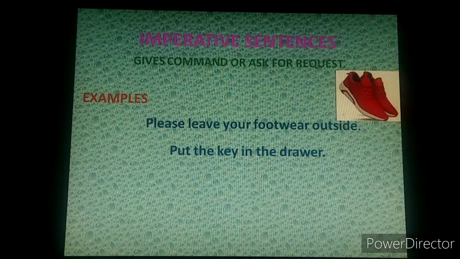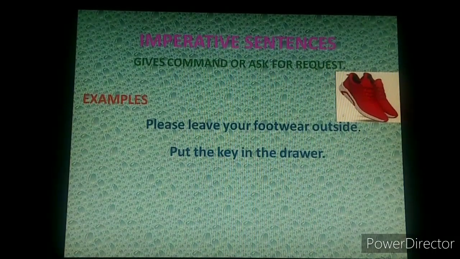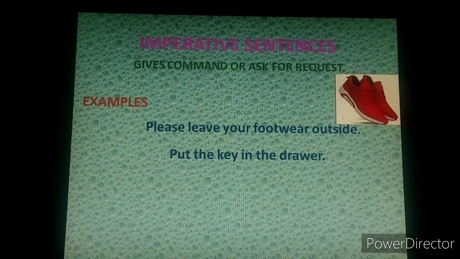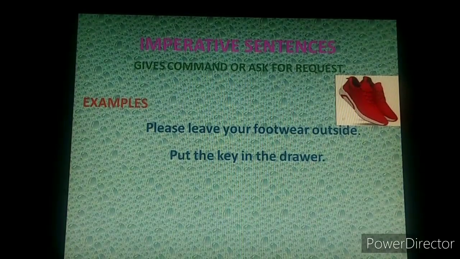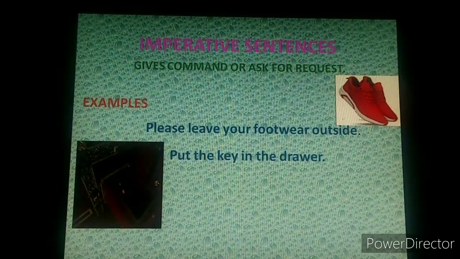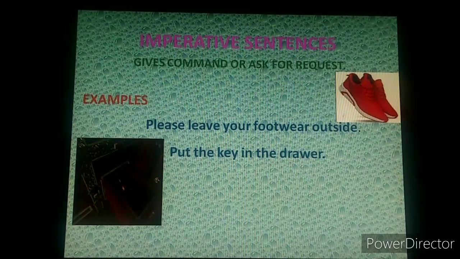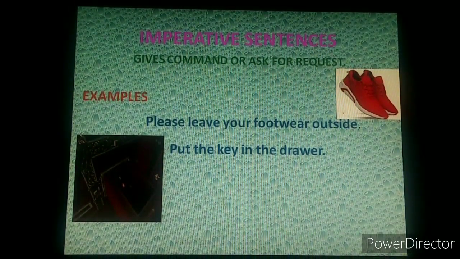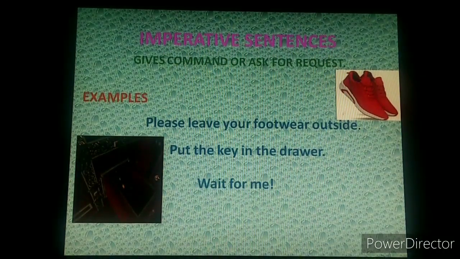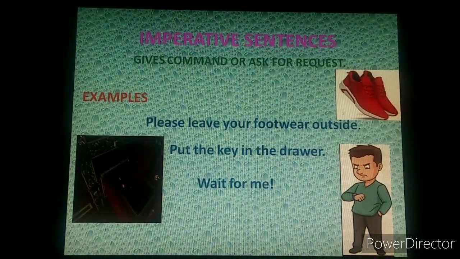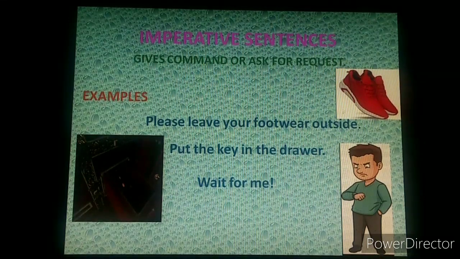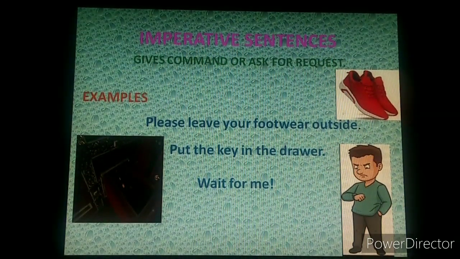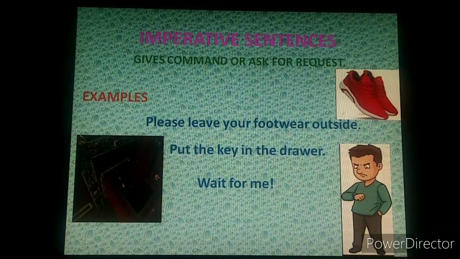So I am using the word "please", which means I am requesting you. So this is an imperative sentence. "Put the key in the drawer." Here I am not requesting you, but I am giving you the command to put the key in the drawer. Like "Wait for me." So an imperative sentence means a sentence that gives a command or asks for a request, even an order, advice, instruction and so on.